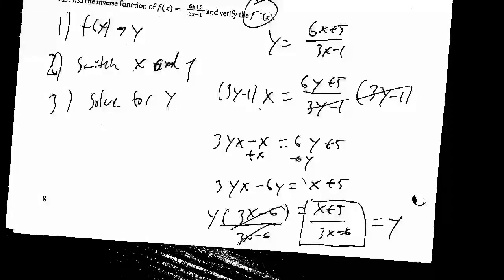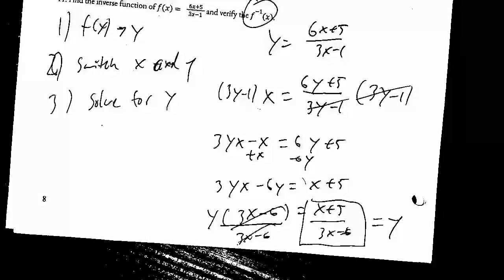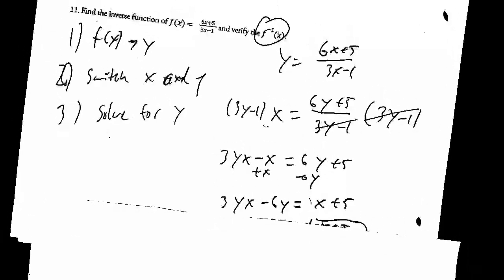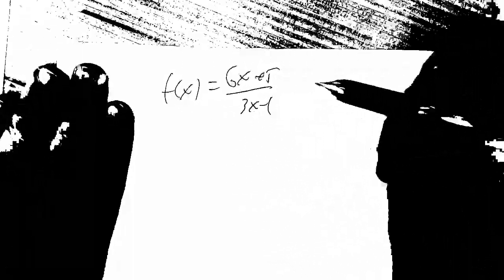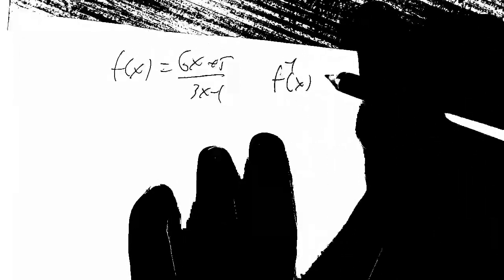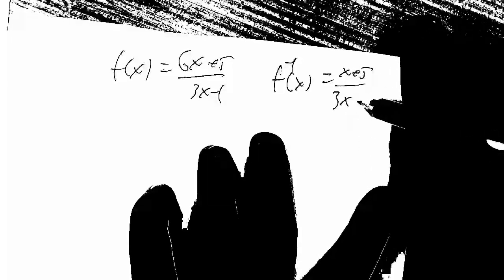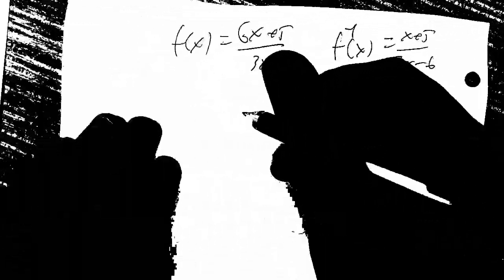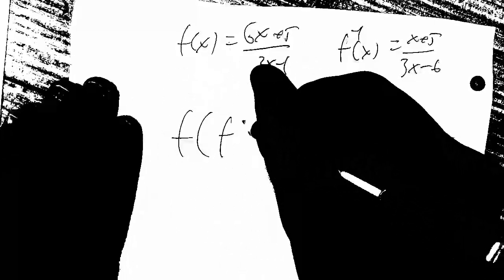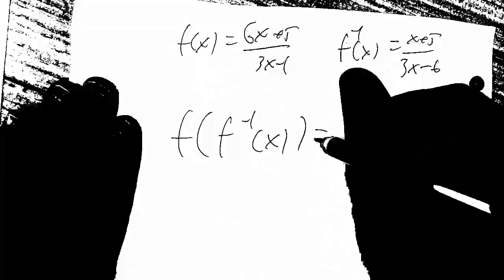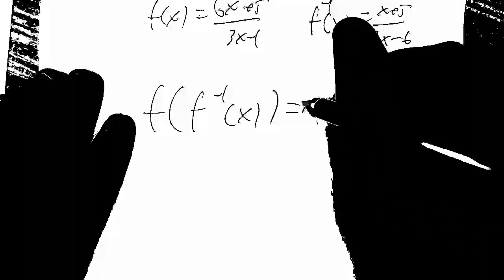Some blank paper here. Okay. So right now I have f of x equals 6x plus 5 over 3x minus 1. And I have the inverse is x plus 5 over 3x minus 6. So when I do the f of the inverse, I should get x. That's the verification. So let's do that.